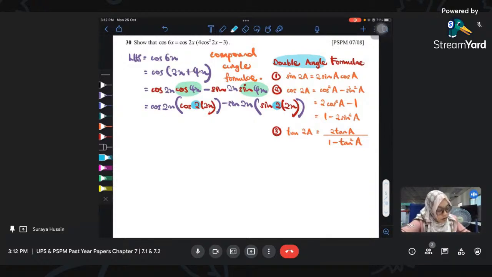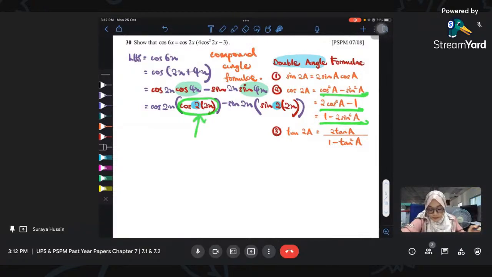So, untuk sin, let me use different color. Untuk sin 2x, you boleh apply the first formula. Cumanya yang ini yang you kena fikir. Apa yang sepatutnya you pakai? Sebab cos punya formula ada 3. Which one is more suitable? Which one is more suitable untuk letak di sini?